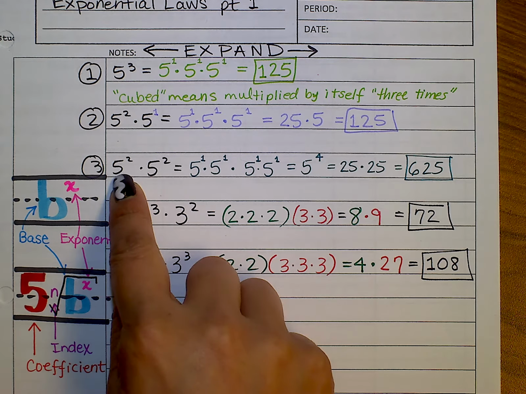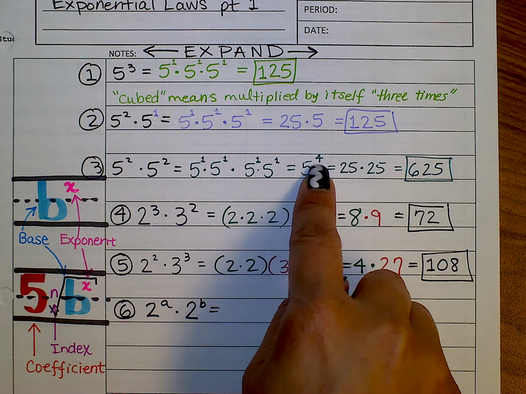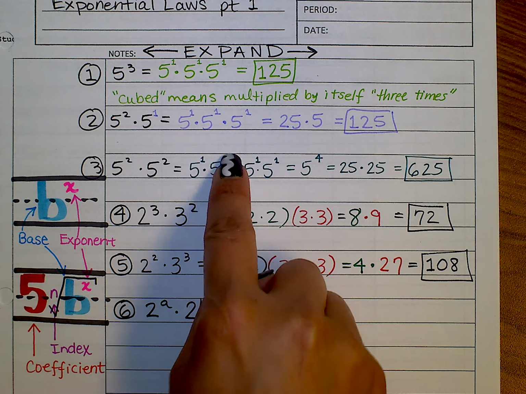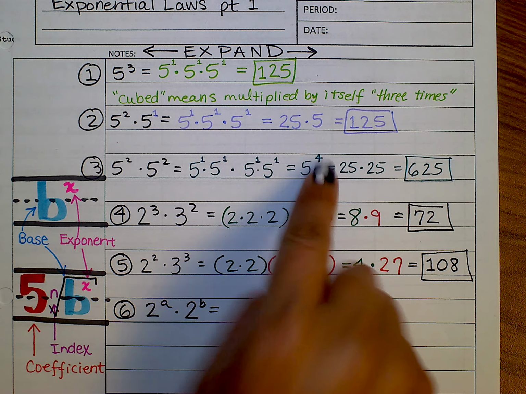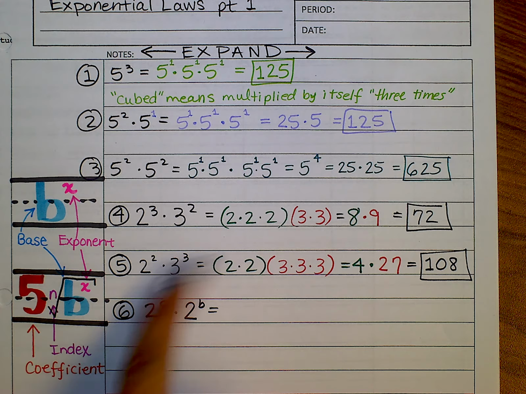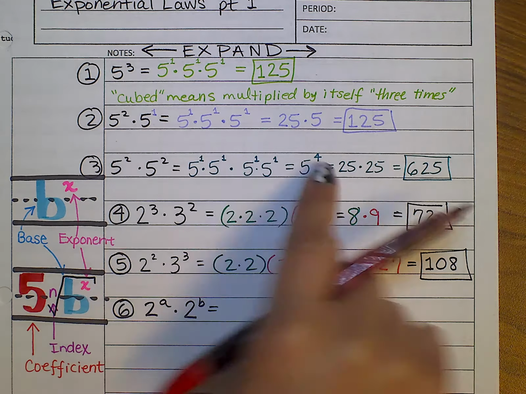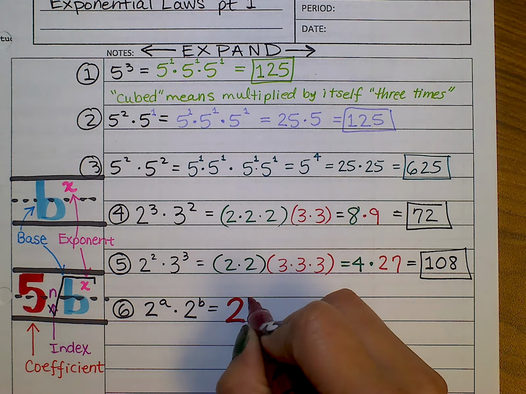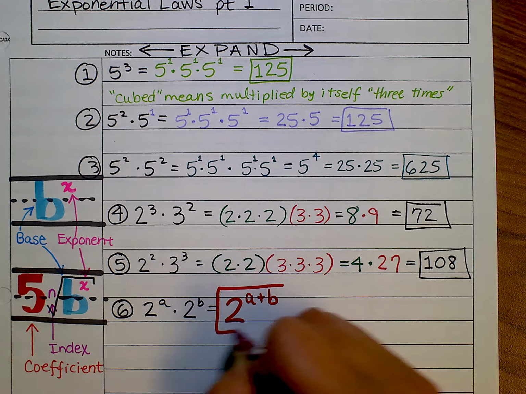Here I have 5 squared times 5 squared. It's equivalent to 5 to the fourth power, which is the same as 5 to the first, 5 to the first, 5 to the first, 5 to the first, is also equivalent to 5 to the fourth power. Now, what you guys came up with was the fact that it seems like all we were doing was adding up our exponents. So our answer here should be 2 to the power of a plus b.